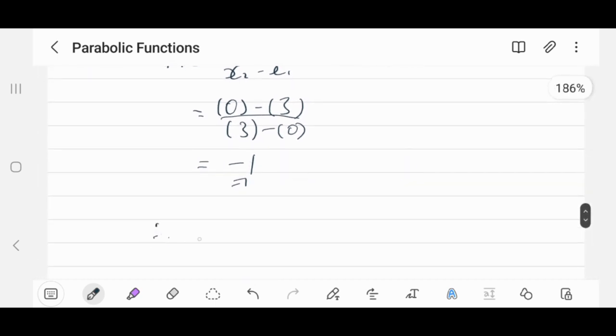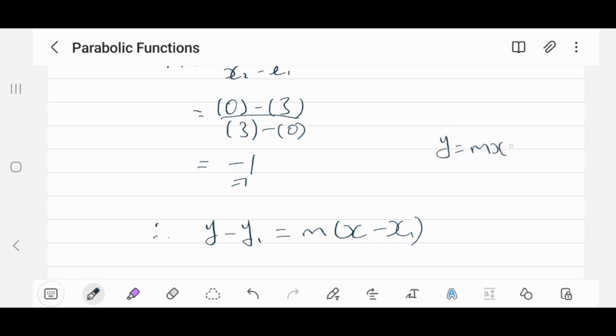Therefore, you can say Y minus Y1 equals M times X minus X1. I prefer this formula. Some use Y equals MX plus C. Nothing wrong with that. I prefer this one.